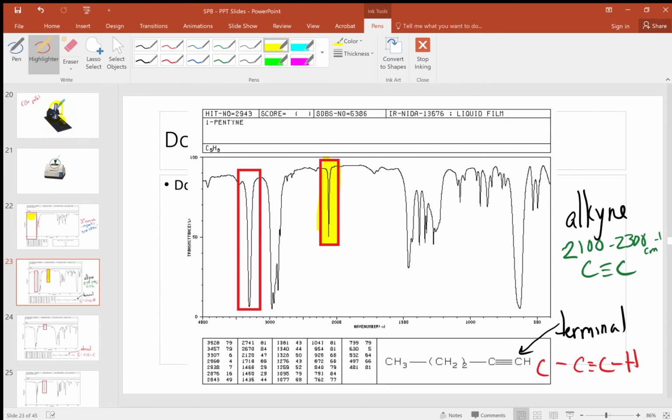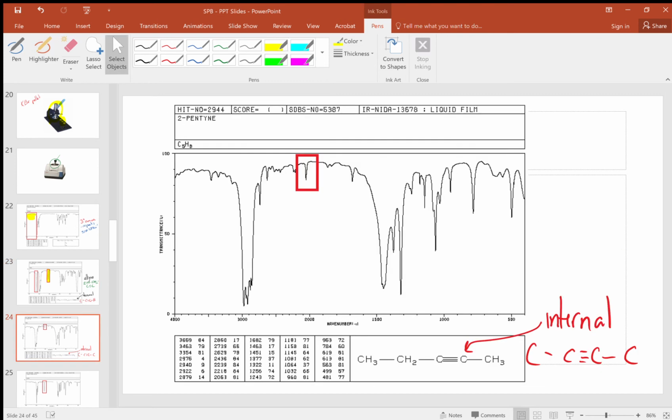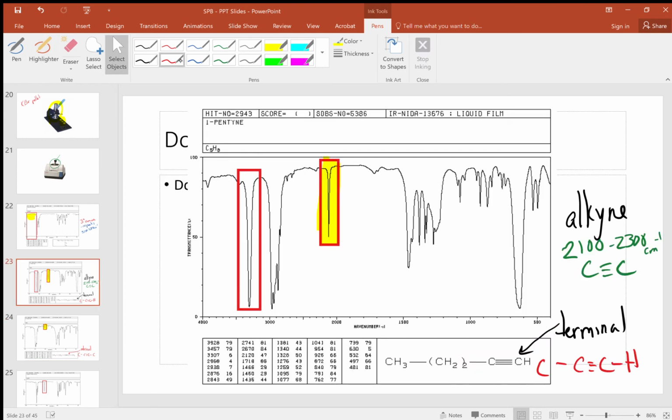In this case, you can see it's medium intensity. Now, that peak still exists for the second alkyne I've pulled out, but you can see here it's a much, much weaker peak. So overall, we say that alkynes are medium to weak. So there is some variability in their intensity, but medium to weak. And in general, they are sharp peaks.